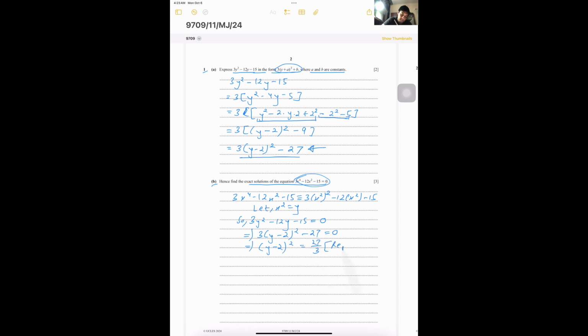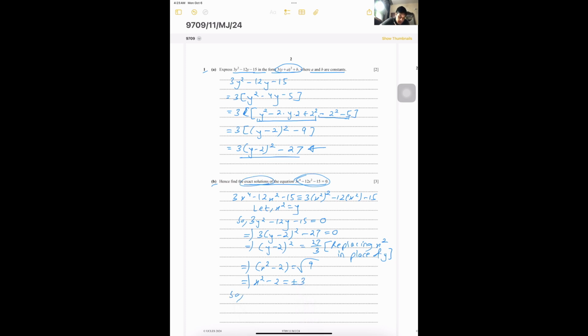Replacing x squared in place of y. So then we will have x squared minus 2, which is root of 27 by 3, which is 9, or x squared minus 2 is plus minus 3. So find the exact solutions.